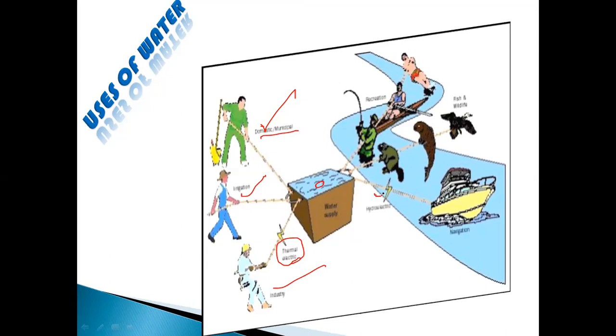And here is hydroelectric energy that we are going to make from here. Also navigation. Animals use it, and it is also important for fish and wildlife, for fishing, for games and sailing, etc.